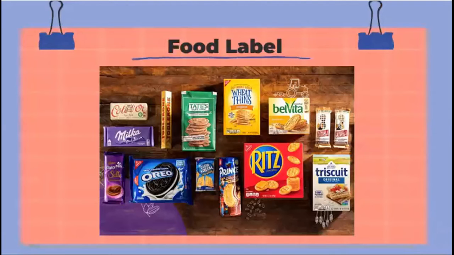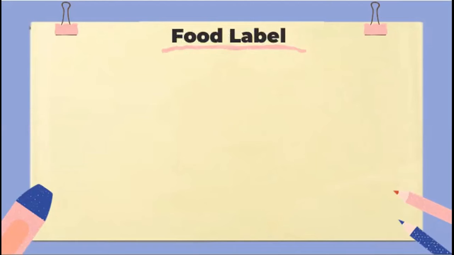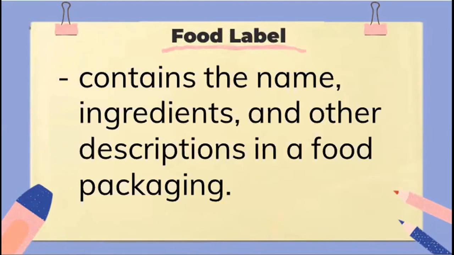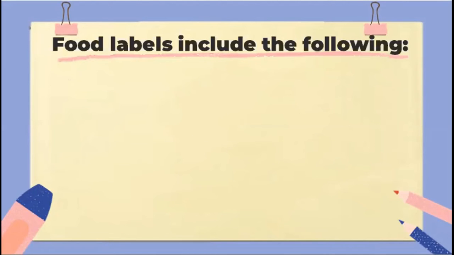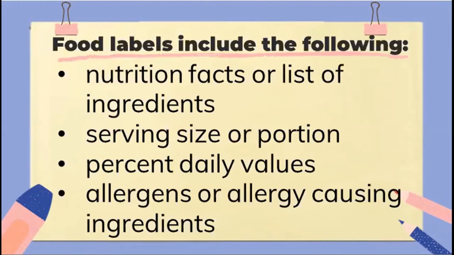So what is a food label? A food label contains the name, ingredients, and other descriptions on a food packaging. It is also a great way to know the contents of the food and if that food is good for you. So what can we really see in a food label? The first one is nutrition facts or list of ingredients.